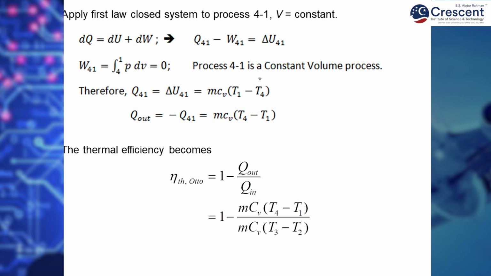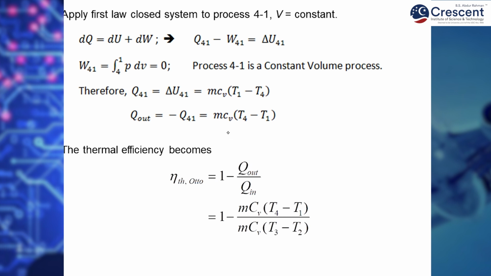So, for a constant volume process, work done is 0. Leaving this work done parameter, we will have only heat transfer equal to delta U 4 to 1, the internal energy change for process 4 to 1. That could be written as m Cv (T1 minus T4). T1 is the temperature at the inlet and T4 is the temperature at the start of the heat rejection process. So, Q out you can write as m Cv (T4 minus T1).